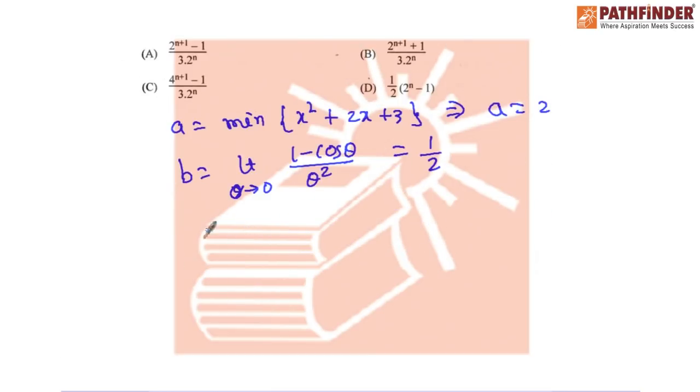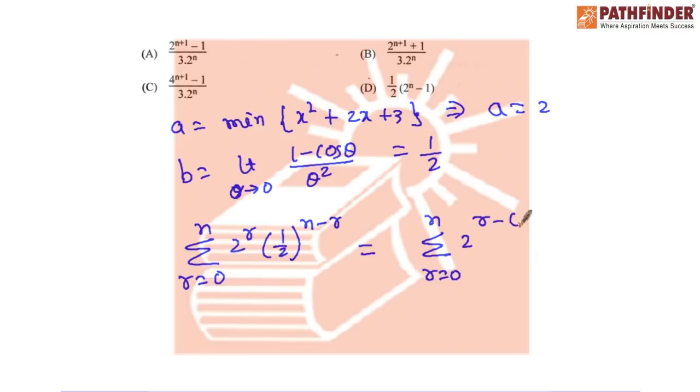Now sigma r equal to 0 to n of 2 to the power r times 1 by 2 to the power n minus r. So this is equal to sigma r equal to 0 to n of 2 to the power r minus n minus r, or finally after simplification we will get 4 to the power n plus 1 minus 1 by 3 times 2 to the power 1, which is given in option C.